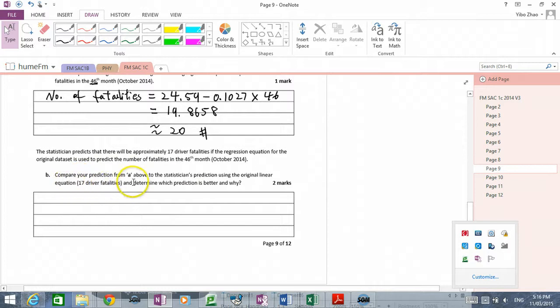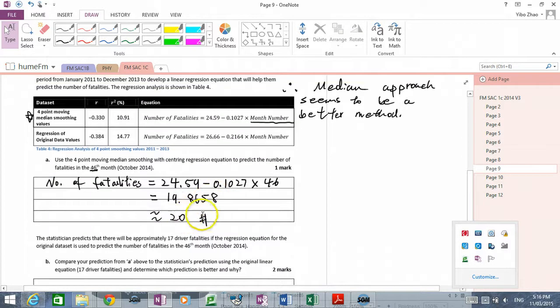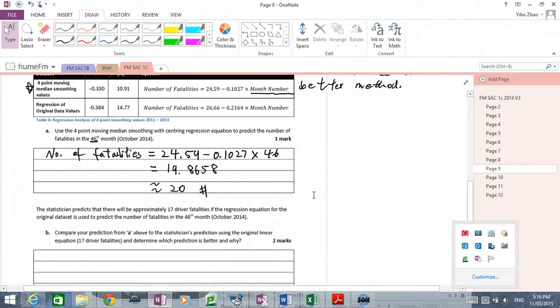Now we need to compare them and tell people which prediction is better. Is it 20 or 17, which is a more suitable prediction?